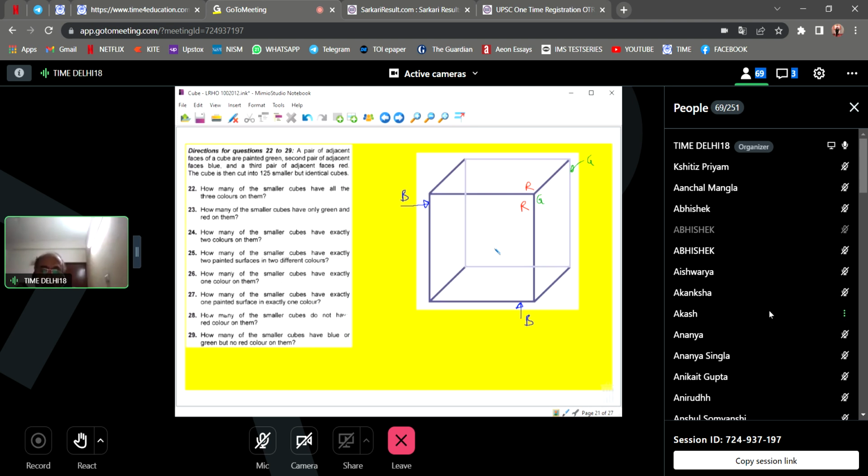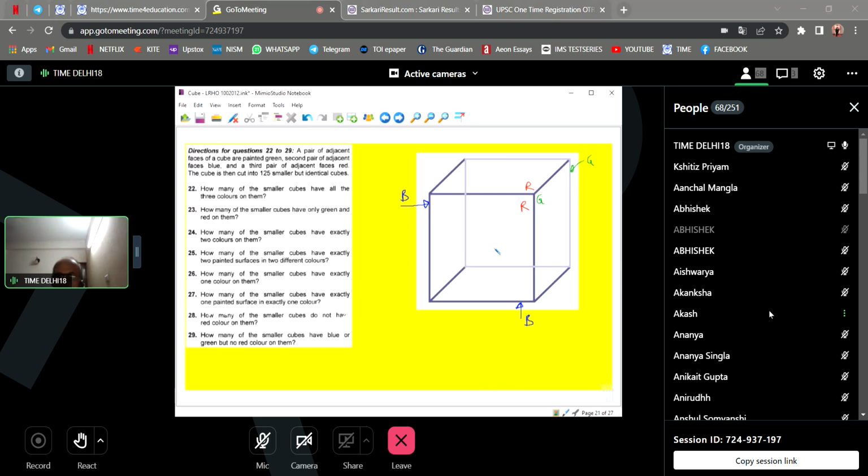Pankaj, your answers for the first three are not correct. Gitansh, your answer for 23rd is not correct. 24th is also not correct, Gitansh.